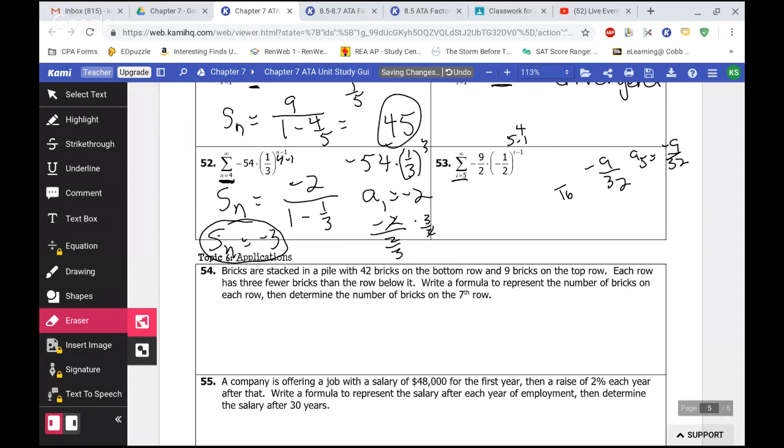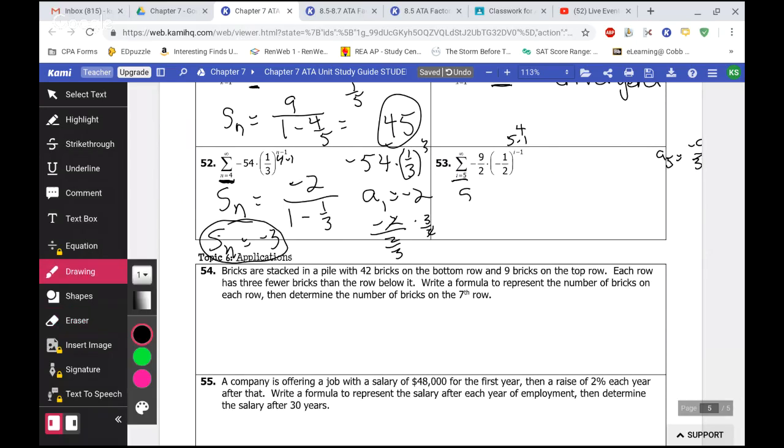Definitely testing the old fraction practice, aren't we? Yes. So the summation of negative 9 over 32 divided by 1 minus negative 1/2 is going to be negative 9 over 32, and then this would be 1 plus 1/2.